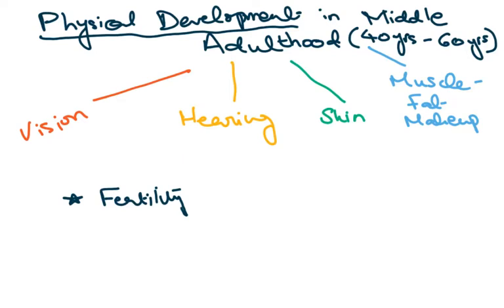Now, what you see is that as people hit the 40-year mark, you begin to notice a lot of different changes in their physical abilities, in their body shape, in their weight, in all of their different senses, right?